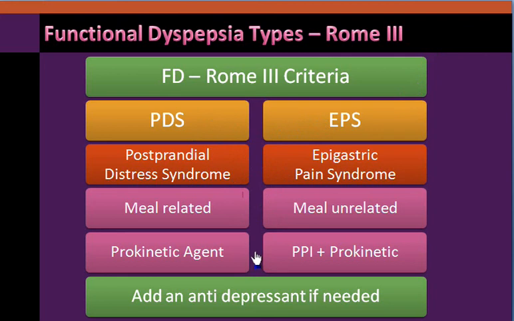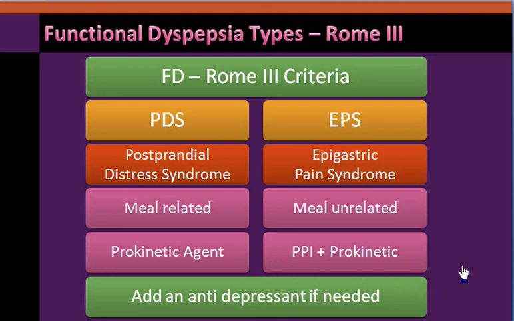These are the two different types of functional dyspepsia. The meal related one, prokinetics are the drugs of choice. The meal unrelated one, the EPS, prokinetics alone are not sufficient. We have to use proton pump inhibitors also. So, if the patient has got mainly PDS, prokinetics will be the agents of choice.